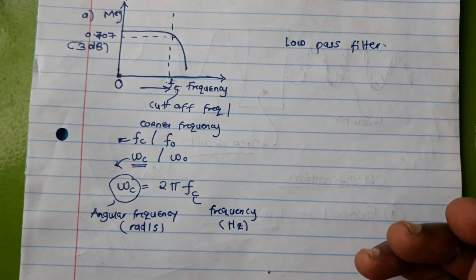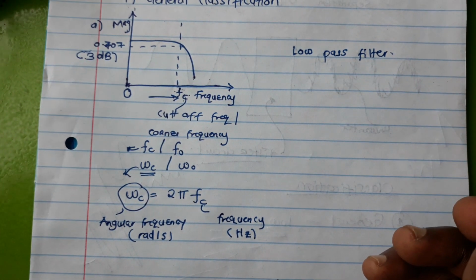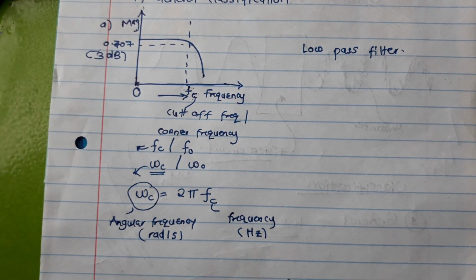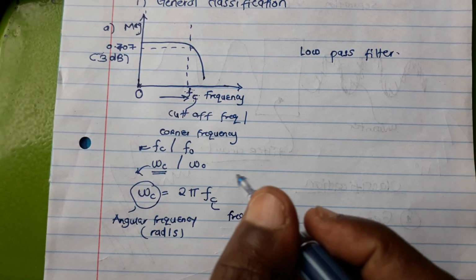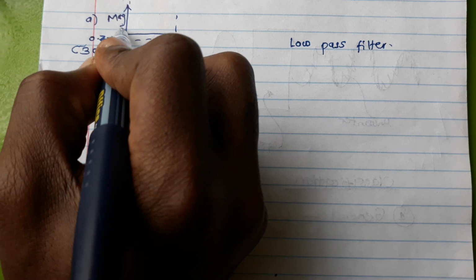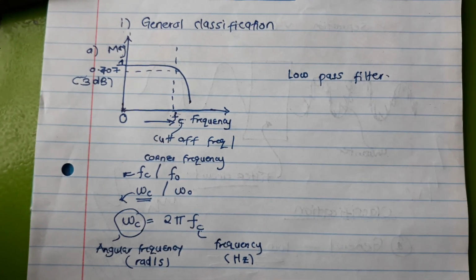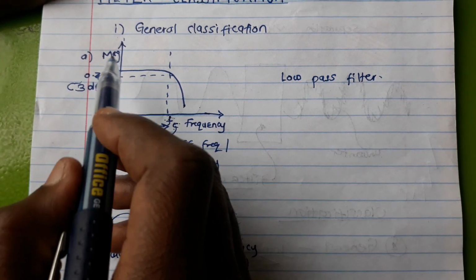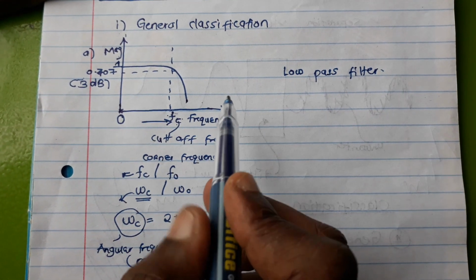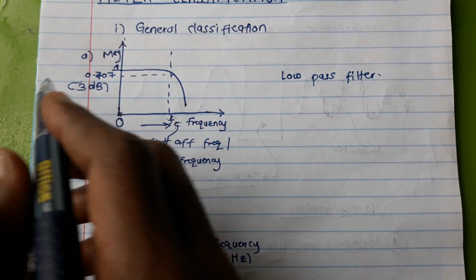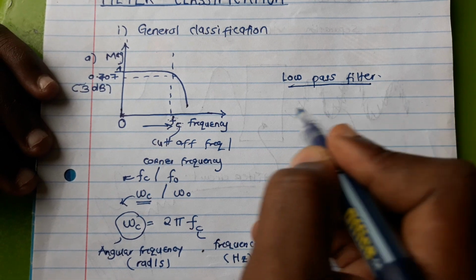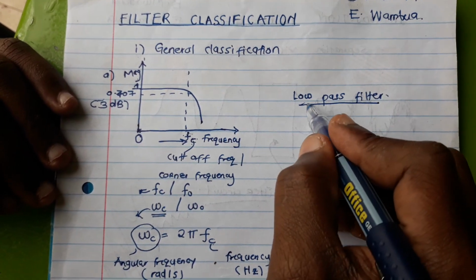For a standard low-pass filter, we'll be using normalized filters for analysis, and its magnitude is usually 1. This is not an ideal filter. As you can see, there's a difference between an ideal low-pass filter and a practical low-pass filter.